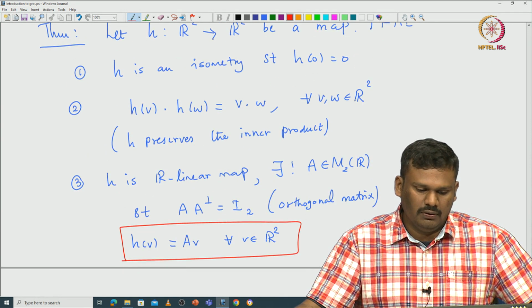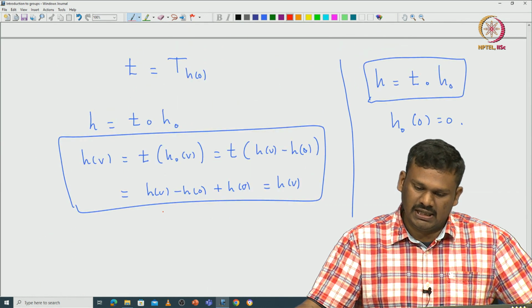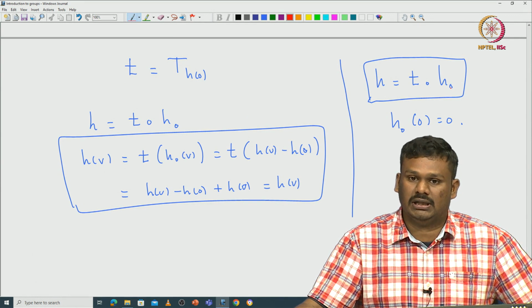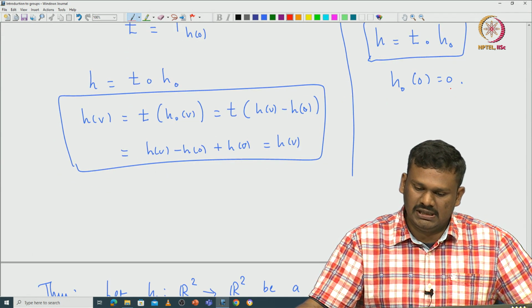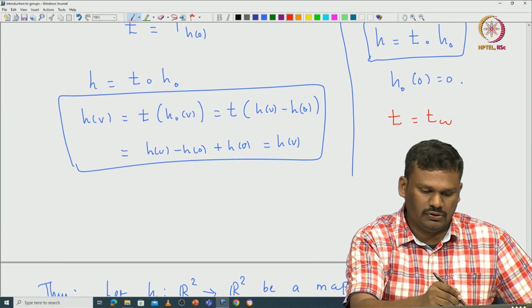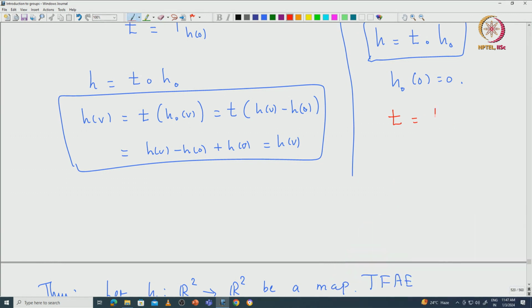Now if you put together the earlier result, which says that any H is nothing but a translation composition this H naught, where H naught is an isometry that fixes origin, then you can easily see that the translation you write as capital T W, and H naught of V you write as A V. Then any isometry H can be written as H of V equals A V plus W for all V in R2.